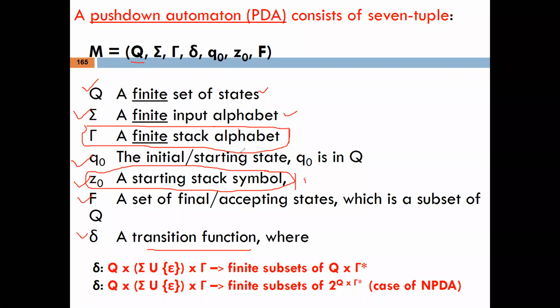So before going to the transition part, you must know about all the symbols, all the tuples that are used in PDA. ये 2 चीजें आपके लिए नई हैं, बाकी सारी चीजें पुरानी हैं ना.